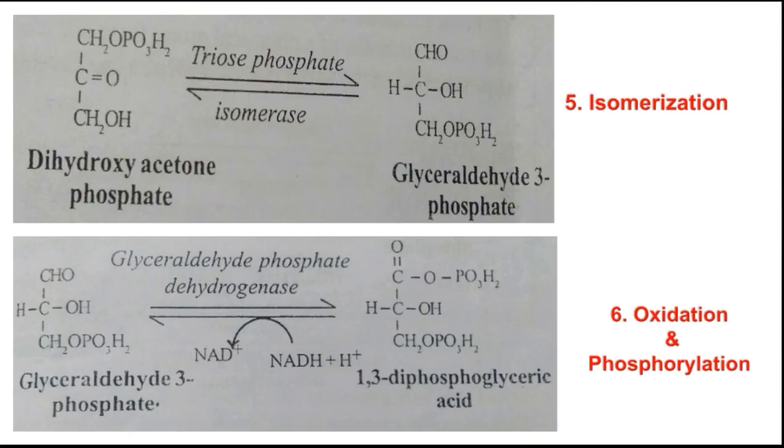Normally, NADH goes through the electron transport chain, and three molecules of ATP are formed at three different sites of the electron transport chain. So this is the oxidation and phosphorylation process.